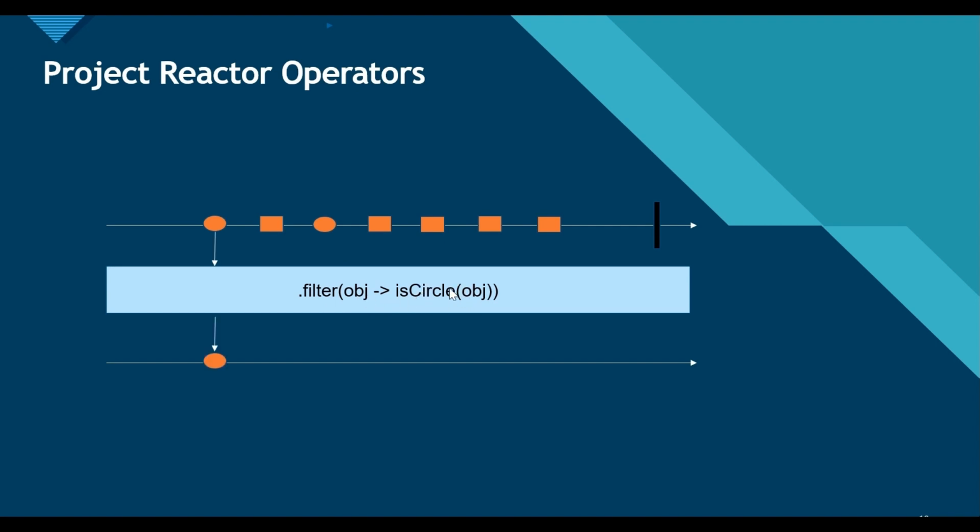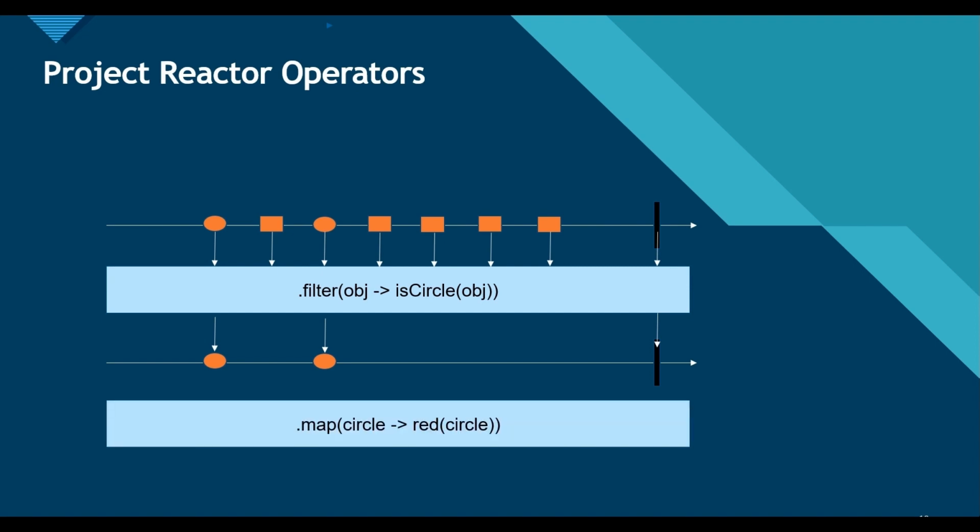The first element, a circle, is allowed to pass through the operator. The second element, a square, is not allowed. Again, the third, a circle, is allowed, and the rest of the events are not allowed to pass through the filter operator. And finally, the on completion event is allowed to pass through the operator.